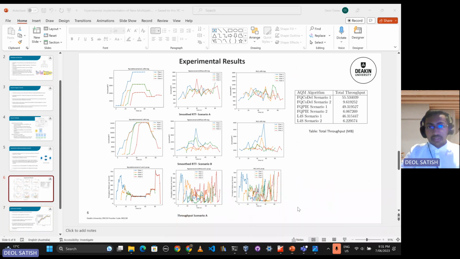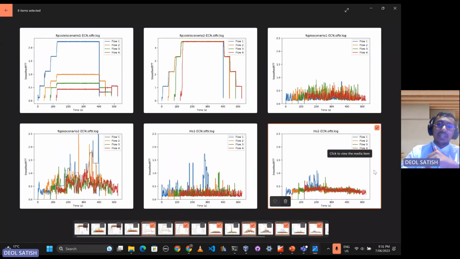This is our RTT graphs. These are some of our graphs. What we can see here is FQ-Codel performs really badly in terms of RTT, but FQPI and L4S are better than FQ-Codel. Especially L4S performs the best in terms of RTT amongst all the other algorithms, and that is what we want.